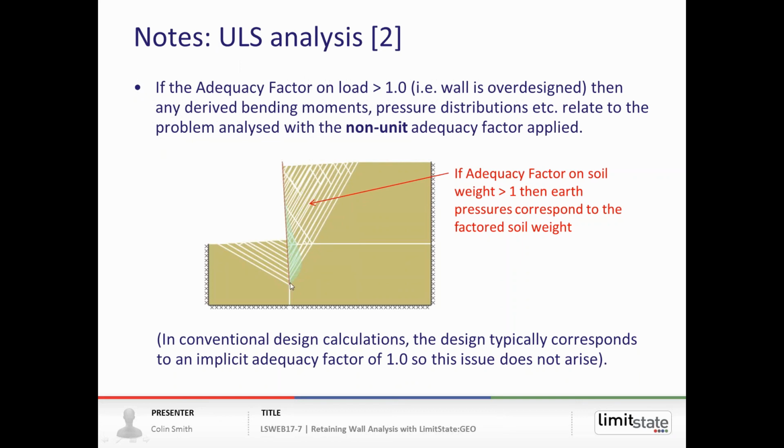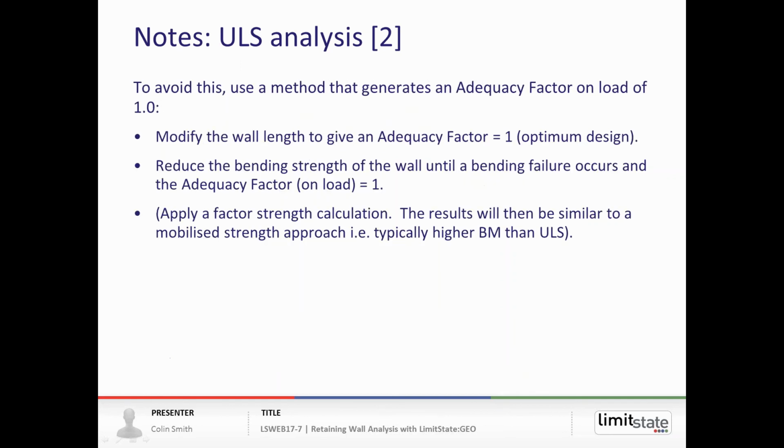So we generally get bigger moments than we'd want, which means any values we use there are going to be over-conservative. And when you do a conventional textbook calculation, typically you're designing the wall to be of the right length so that everything's in equilibrium without having to factor up the weight behind the wall, so all the values are exactly as you want.